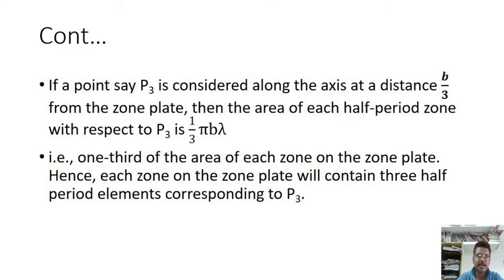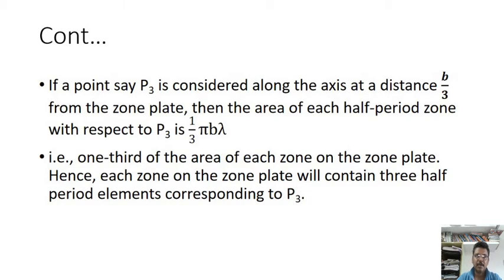Now, if a point say P3 is considered along the axis at a distance b by 3 from the zone plate, then the area of each half-period zone with respect to P3 is 1 by 3 pi b lambda.